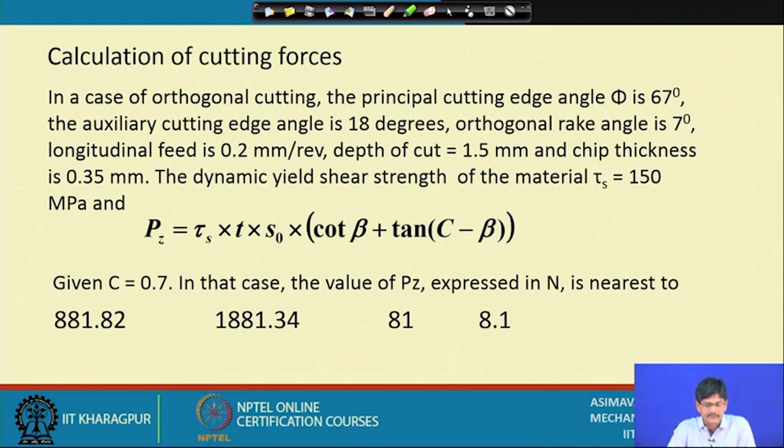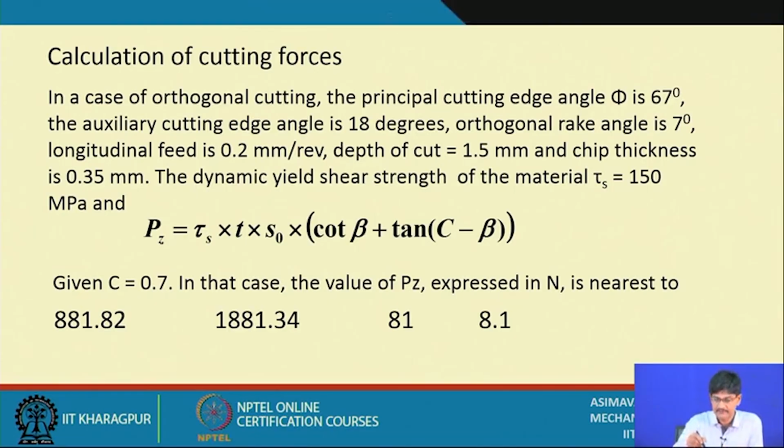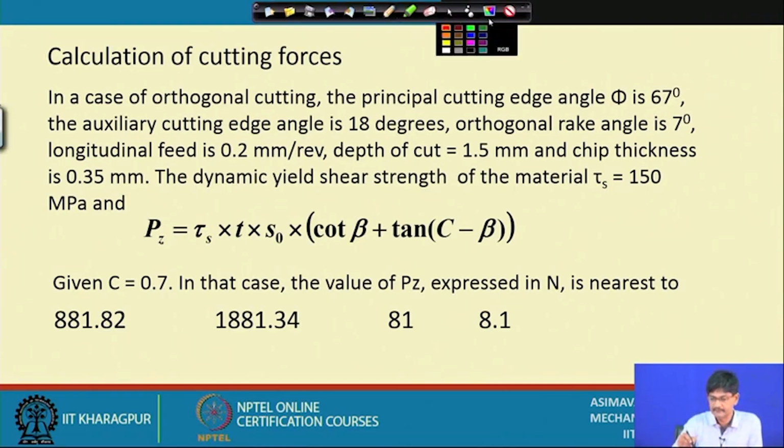First of all, let us check whether all the data which is required here is provided or not. If we have to find out Pz, we need tau s. Is tau s provided?